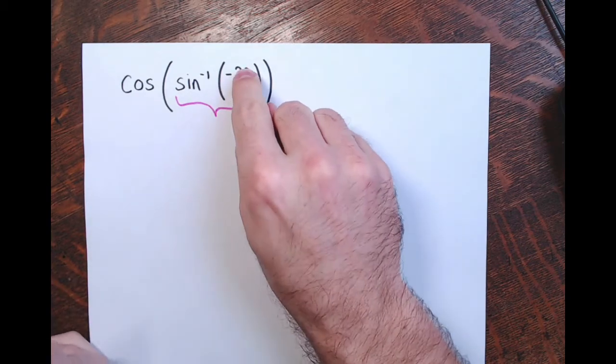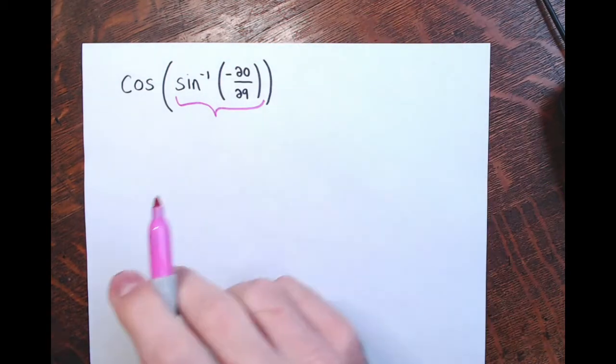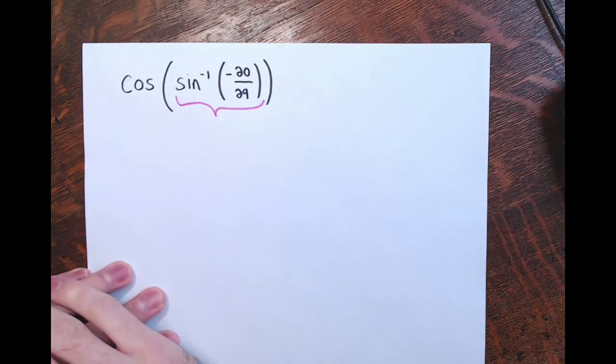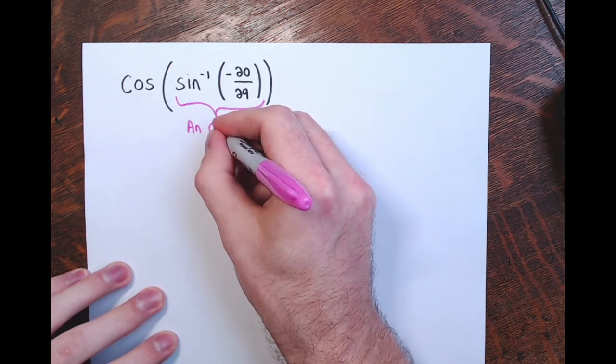Now first off, negative 20/29ths isn't a nice number that I know the value of the inverse sine off the top of my head. It's not like negative half or square root of 3 over 2 or square root of 2 over 2 or something like that, or 1 or 0. It's negative 20/29ths. But this inverse sine of negative 20/29ths is an angle.